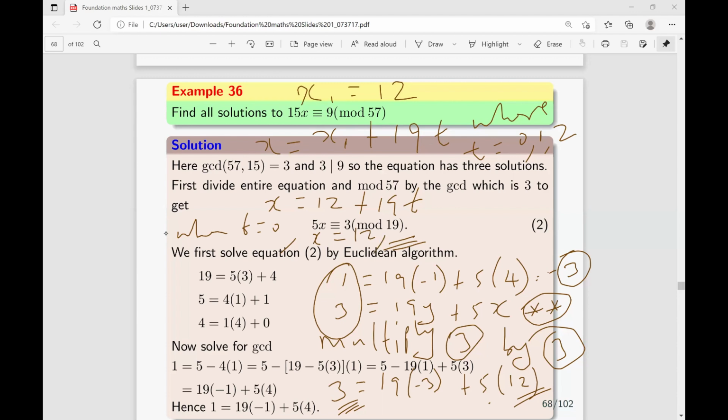When t is 1, 12 plus 19 is 31. Is that okay? When t is 2, 50, because that would be 38 plus 12, which is 50.